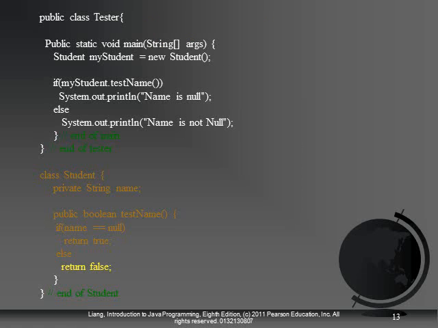For demonstration purposes, I threw together this little tester and student class. Whenever you develop or create or define a class, you need to write a little tester that will exercise the class's methods and validate that the class is performing as you have intended. Now, this class is in no way a proper definition.